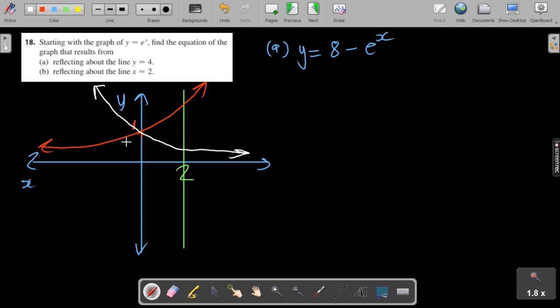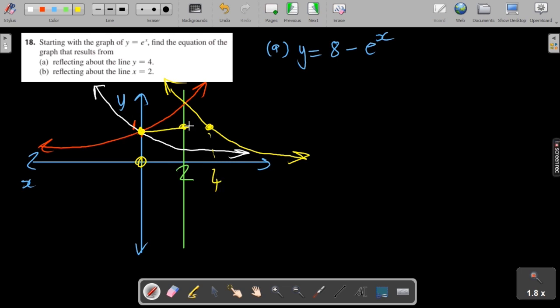We are now reflecting it about the green line, and the reflection would perhaps look like this. If you look at the distance between this point and the green line, it's 2 units. So this is 0, then that is 2. That distance is 2 units. So this here will be at 4 because that distance has to be maintained.